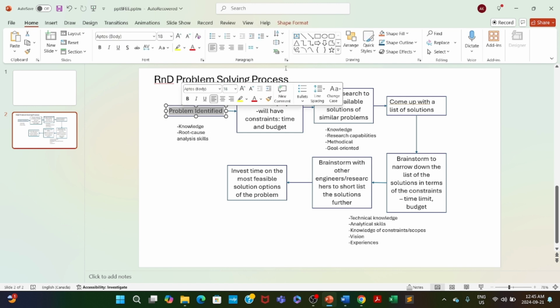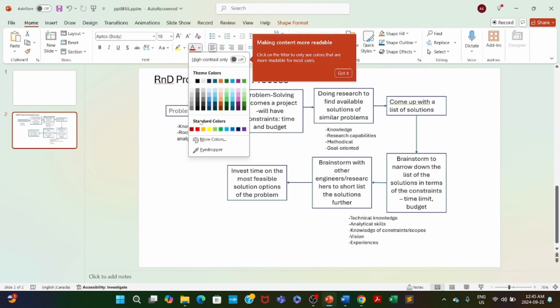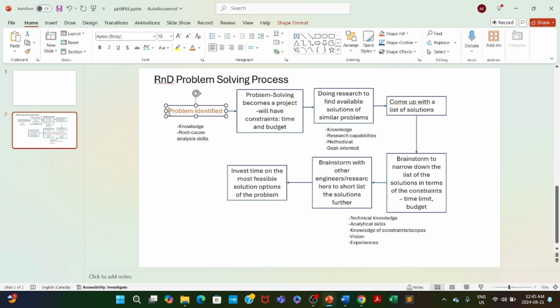So problem identification, that's the critical step. Let's just color it. This one, two, three. I'm going to color as well, because I'm going to be coloring those steps that are most difficult or most challenging in the whole process.